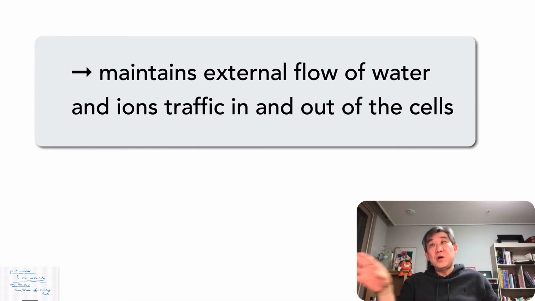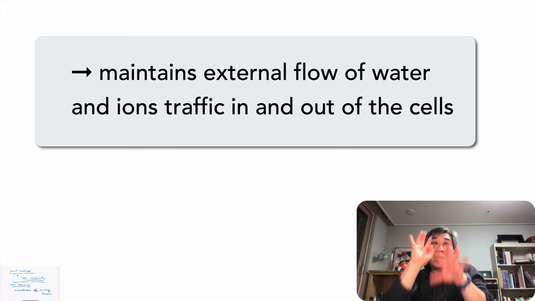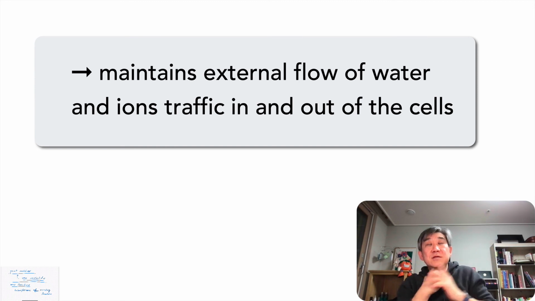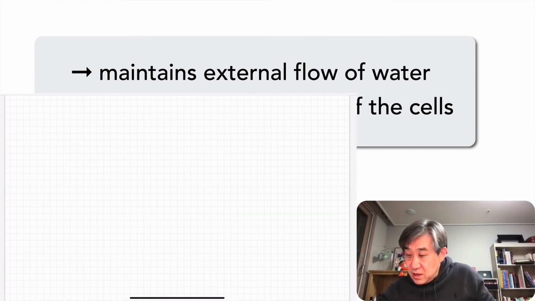So with this water flow and this ion traffic, you can shed off the external surface of your respiratory tract, where all these cilia are.